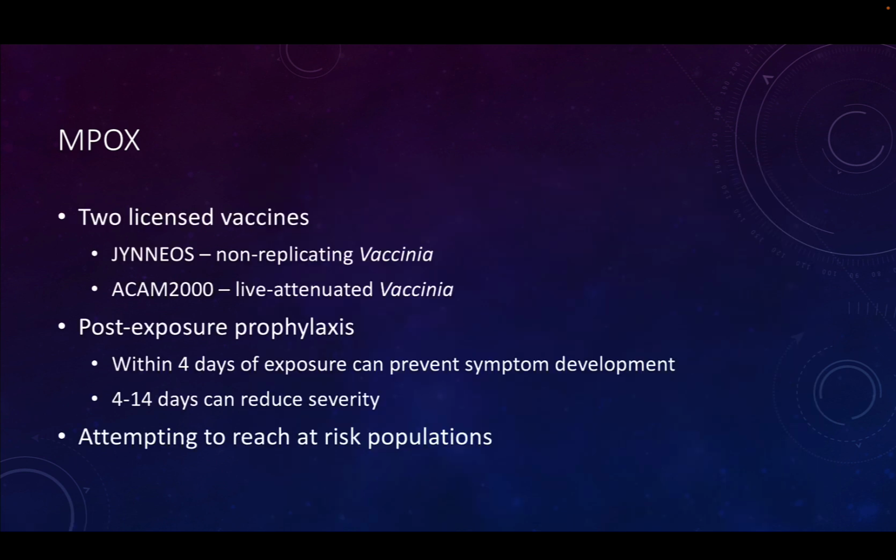There are 2 licensed vaccines that are being given to at-risk populations. One is a non-replicating vaccinia strain virus. The other is a live attenuated vaccinia. You should probably think about, if you're going into healthcare and you're wanting to reach populations and get them vaccinated against Mpox, which vaccine would you pick for your various patients?